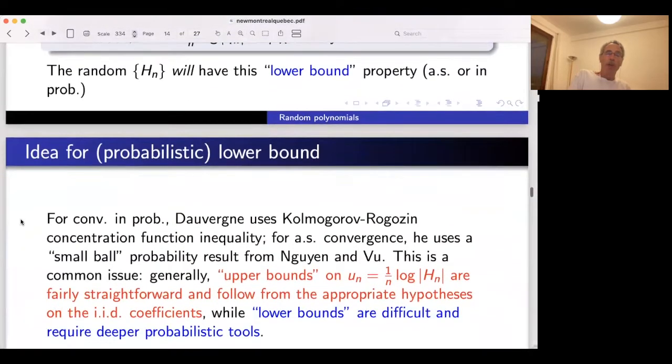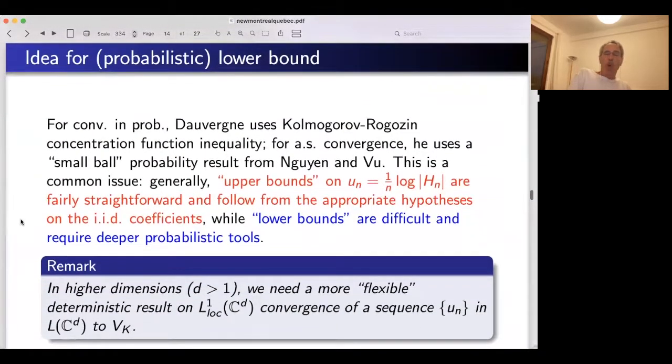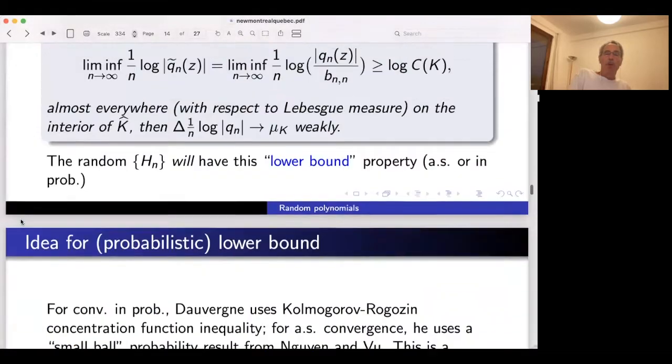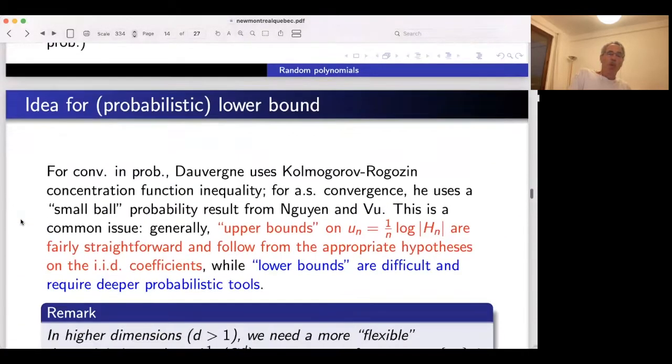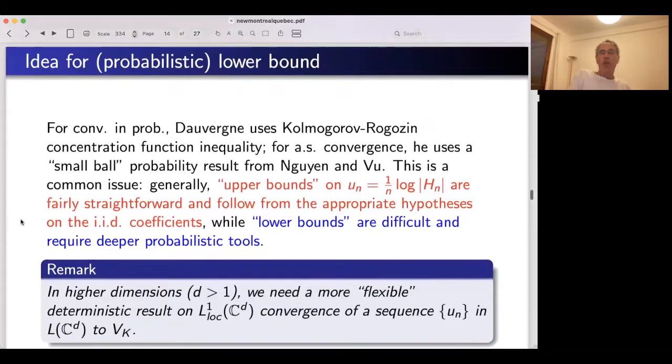I will just say that the lower bound, for the convergence in probability, is a little easier. He uses what's called the Kolmogorov-Rogozin concentration function inequality. And I'll just ask you to refer to his paper. For almost sure convergence, he uses a deeper result, a so-called small ball probability result from Nguyen and Vu.